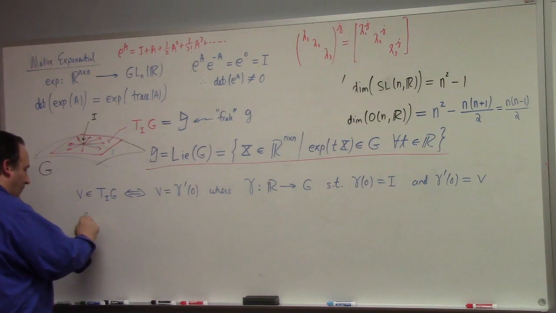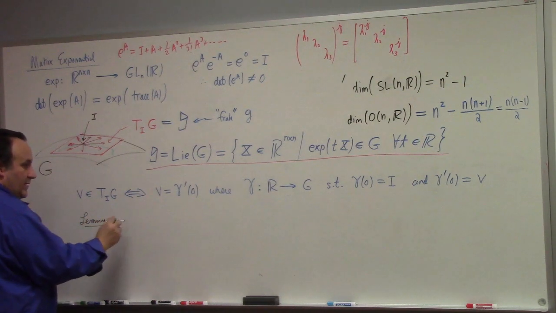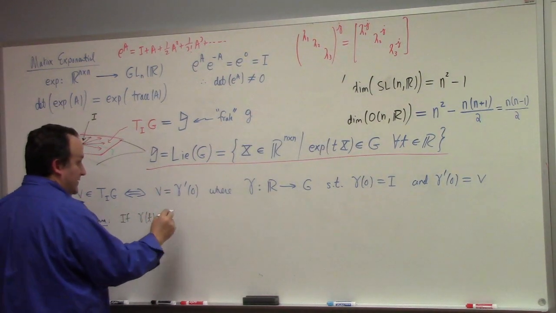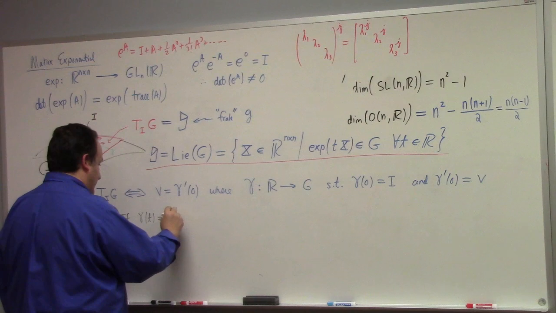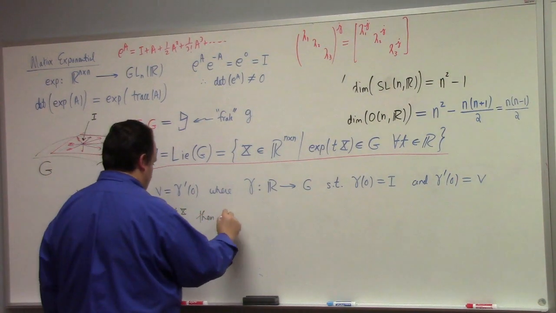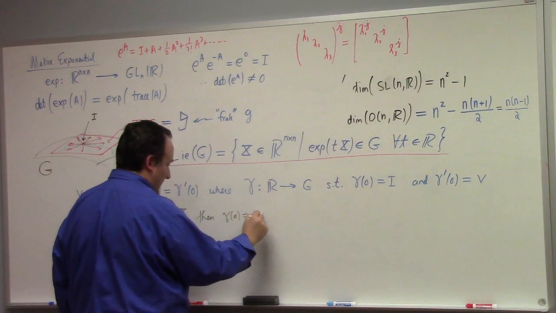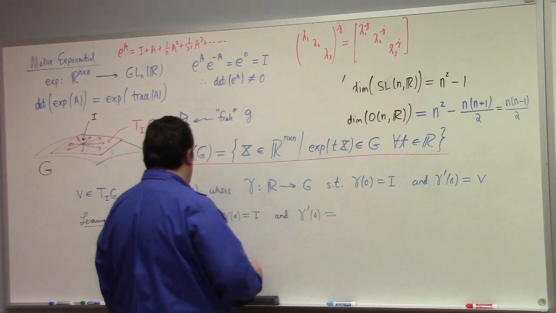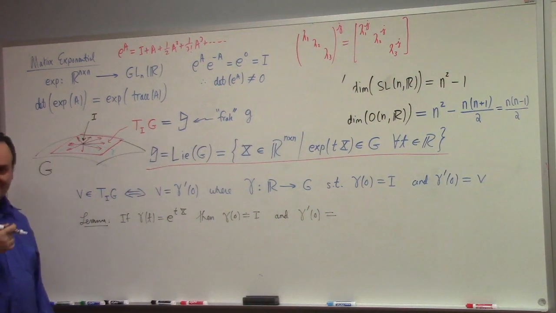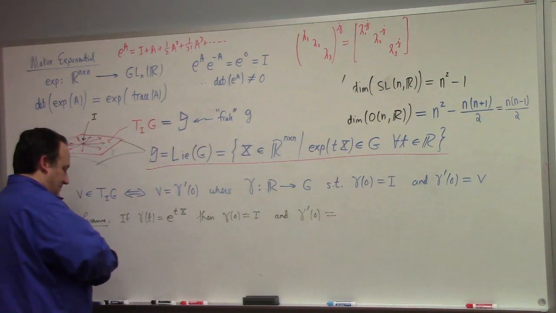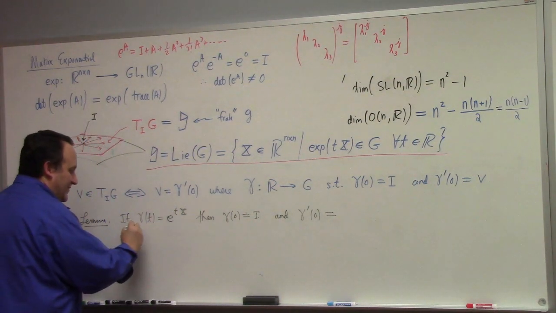Lemma. If gamma of t is equal to e to the tX, then gamma of 0 is equal to I, and gamma prime of 0 is equal to, well, what happens when you differentiate this?